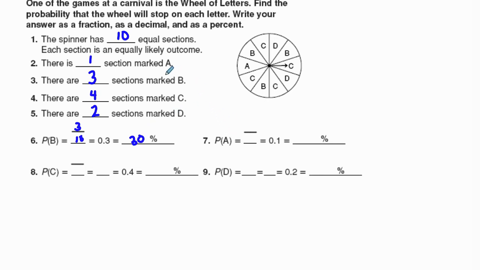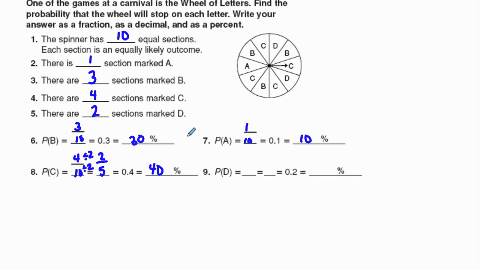The probability of getting an A, there's 1 A out of 10 sections. 1 divided by 10 gives us 0.1, times 100 gives us 10%. Probability of getting a C, well, there's 4 out of 10. And then we can simplify, because with fractions you always simplify if you can, we can divide by 2 over 2 to get 2/5. And that gives us 0.4 or 40%.